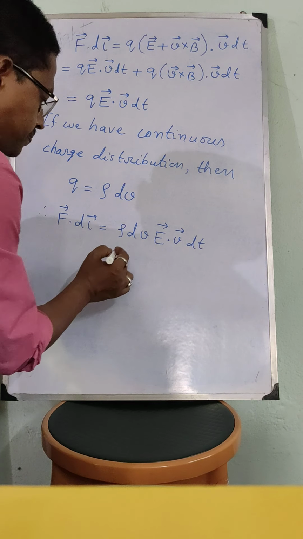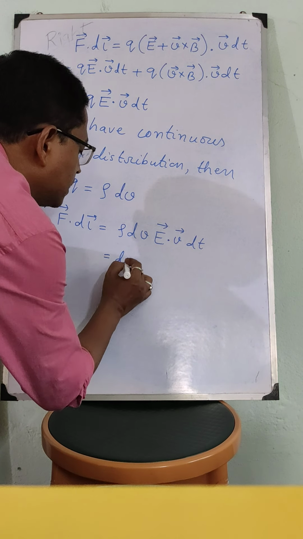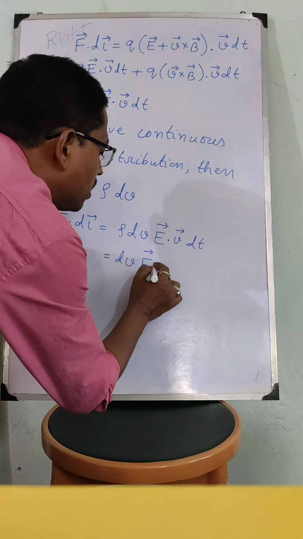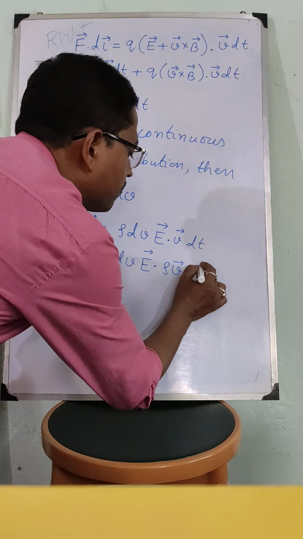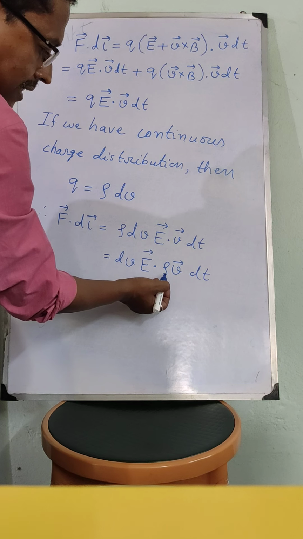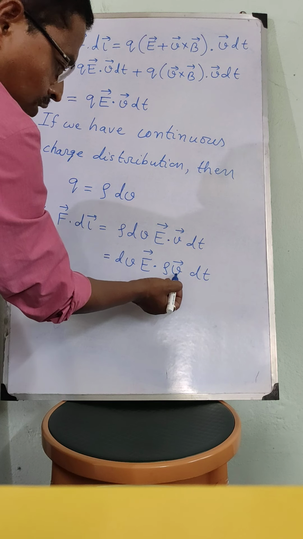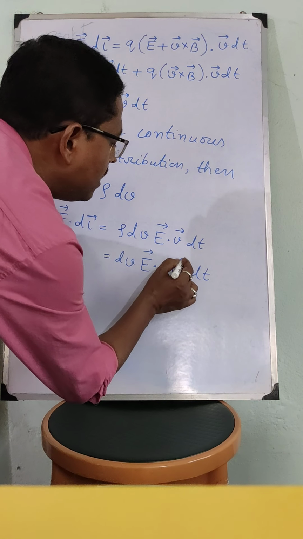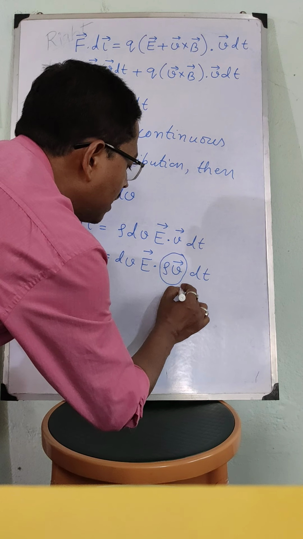Now I can take rho with this term, then E dot rho into V. Now this V is the velocity vector. Since rho is the charge density, charge per unit volume, if you multiply it with its velocity vector, we get the current density vector. So rho V is the vector J, that is the current density vector.